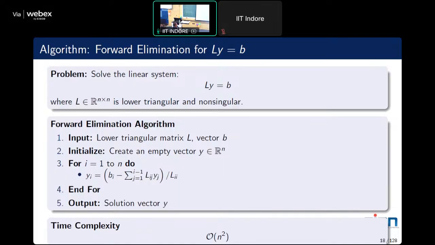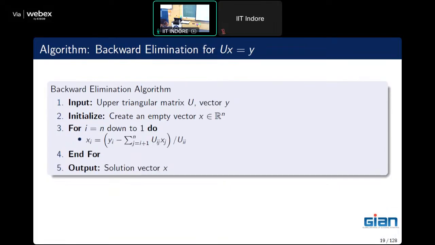Similarly, we go for backward elimination, the way we did for forward elimination, and you do i varying from n to 1, because as we have seen, first we got x_n, then x_{n-1}, then x_{n-2}, and so on.